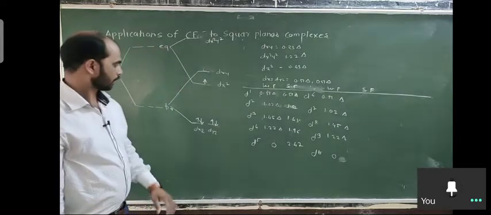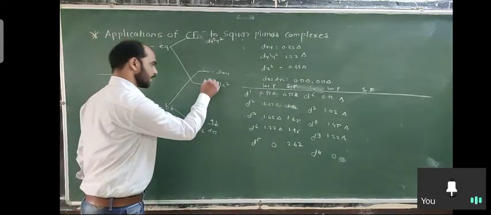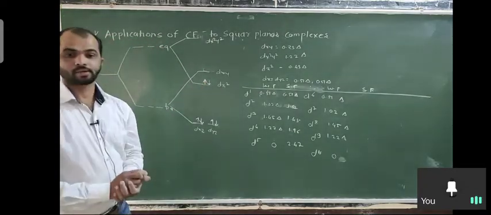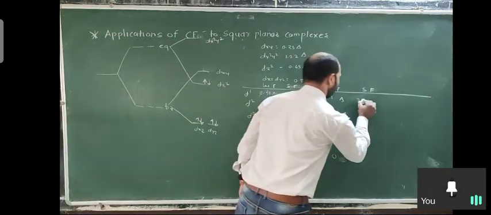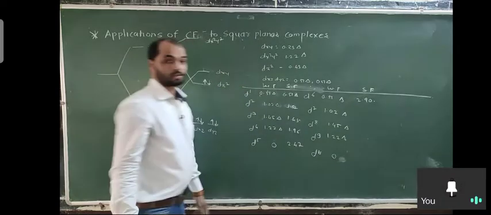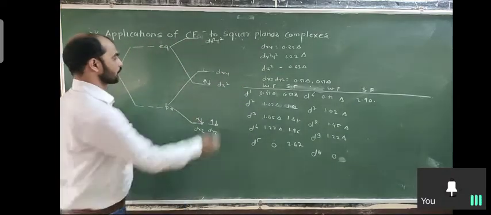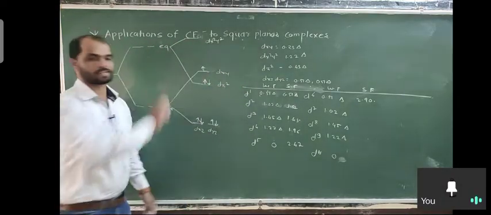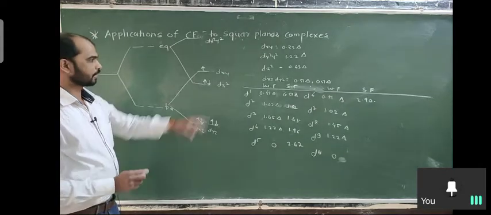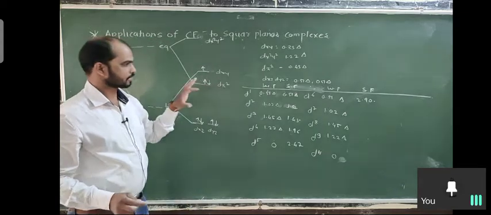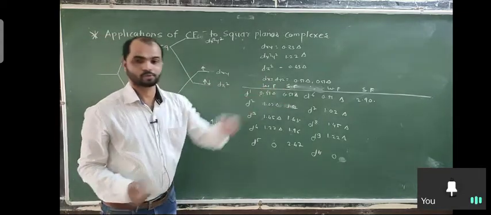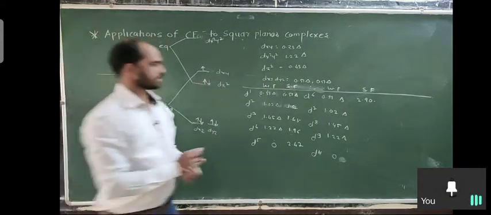Then for the sixth, it is here, again we add 0.43, so it is 2.90. Then the seventh electron is here. At that time the energy is 0.23, so you subtract 0.23 from 2.90. So it is 2.67.